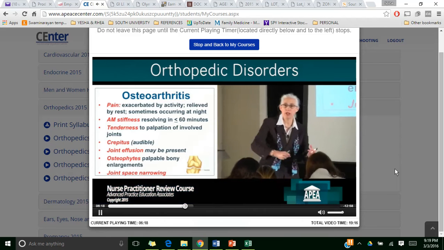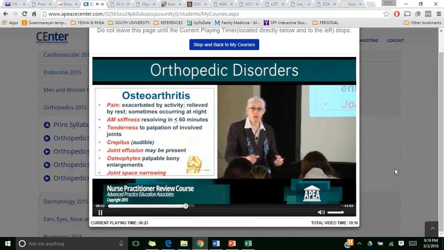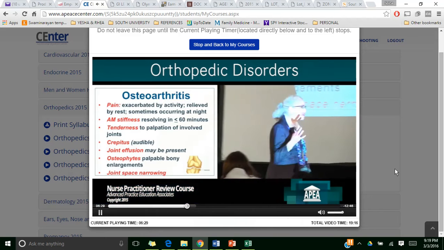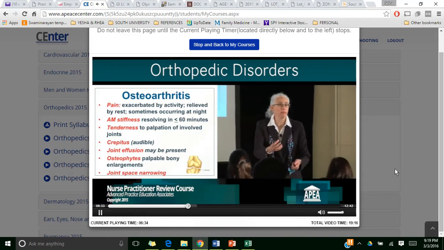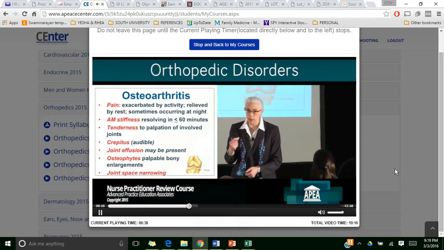If you get an x-ray, there are three things that you might find. One is a finding of a joint effusion, which may be on the report. That's not unusual in these patients. It is also not unusual on x-ray to find the presence of osteophytes. What is an osteophyte? It's a calcium deposition, right?